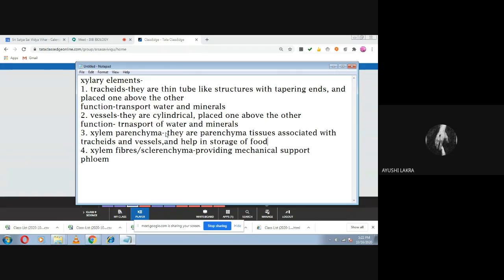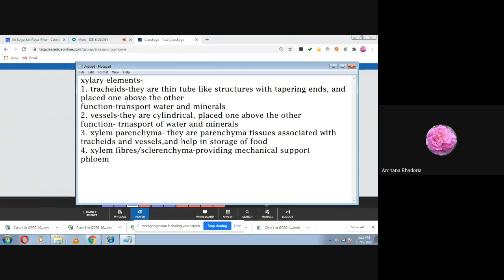Yes, ma'am. Okay. So each and every student has to note down, because I will give the question at the end: describe the structural components of the xylem tissue. So xylem tissue consists of 4 elements.